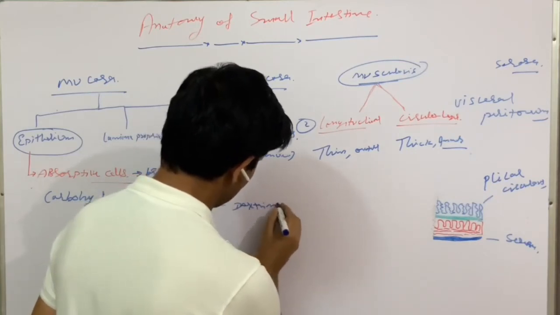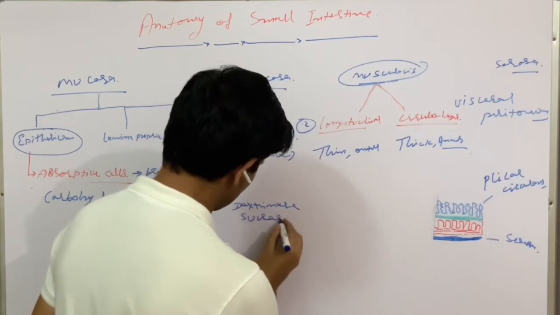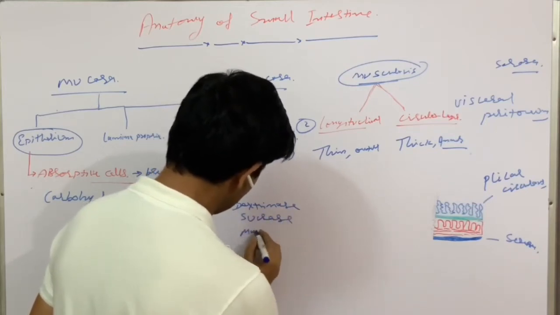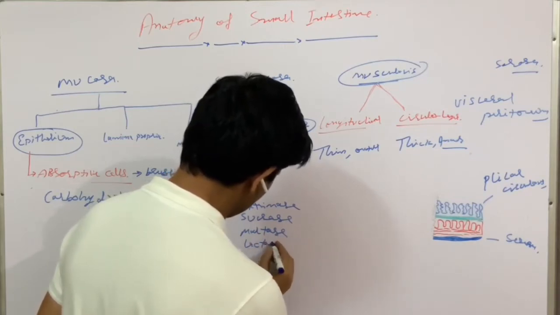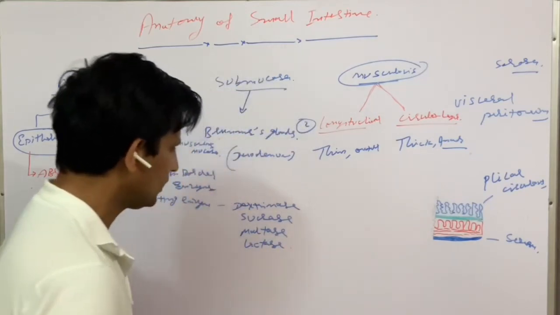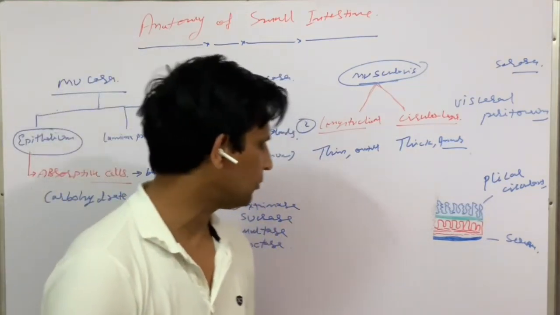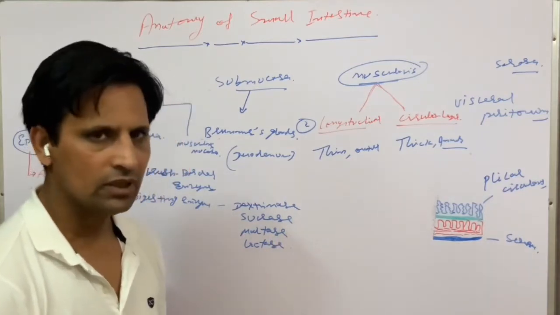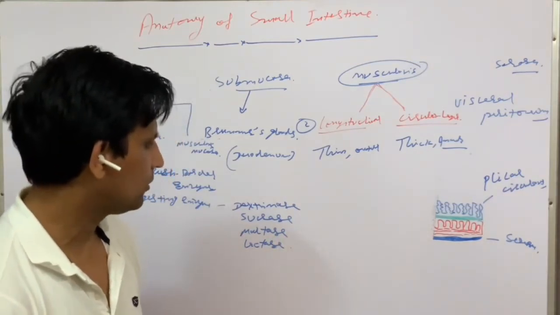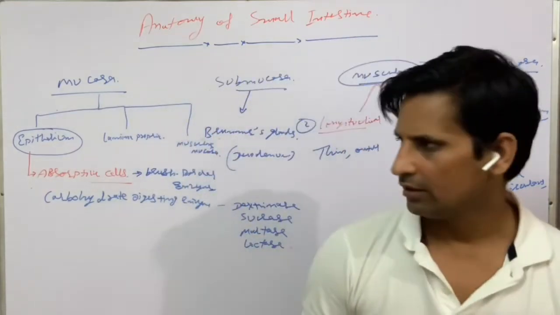So what do these enzymes do? They simplify the complex molecule into smaller or simpler ones, like the dipeptide into the monopeptide, right?